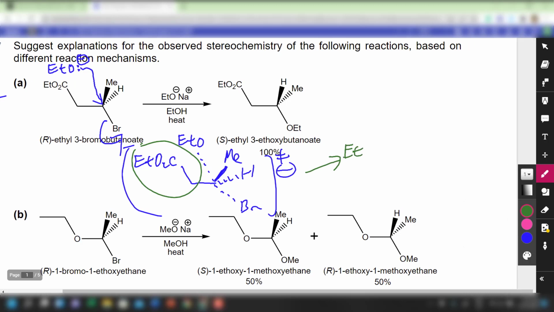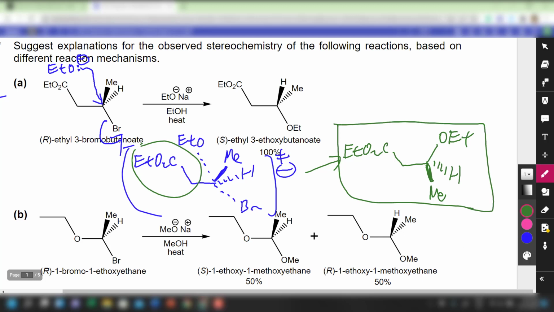So you have an ester group, and because there's an inversion, the methyl group will be pointing downwards, and the H will be projecting away from you, and of course the OEt group is here. You notice that what I've drawn here in green is a little bit different from what was given to me here.